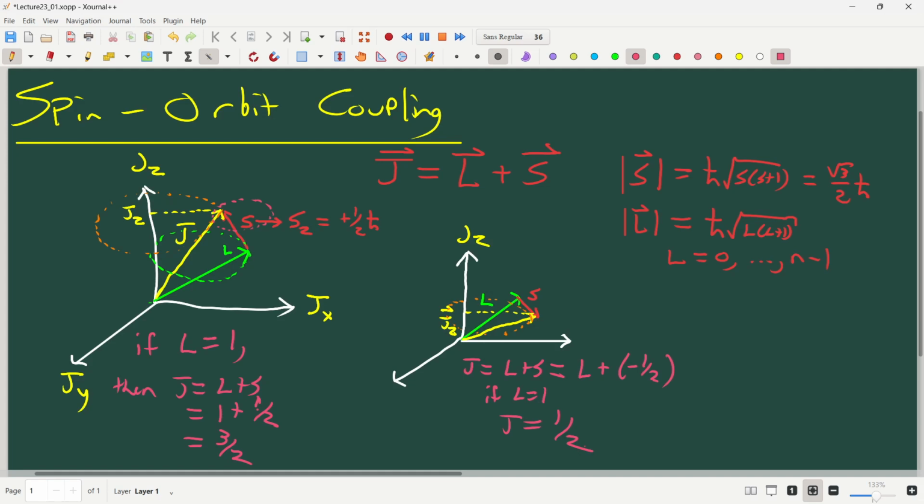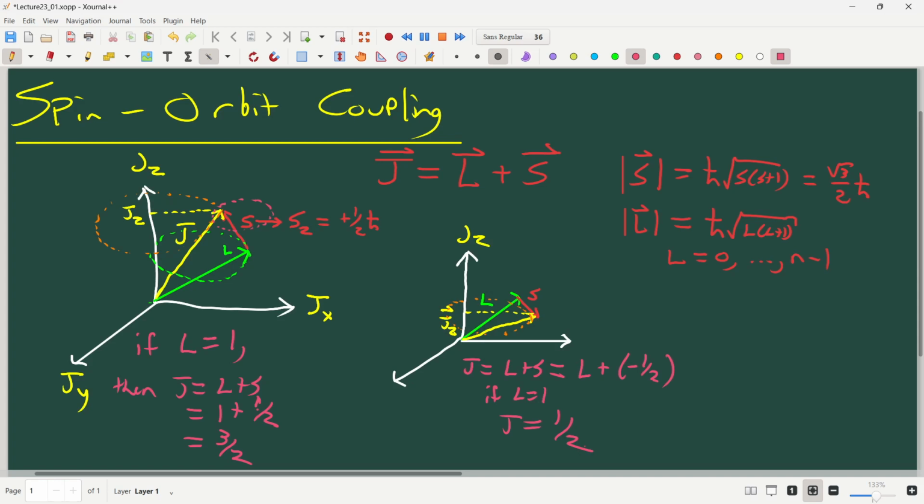Because what's happened here is, again, it's a bit like having a magnet. Say your L is your magnetic vector for your dipole of your magnet, and you put it in a magnetic field. This is what you do in NMR. Put it in a magnetic field, and there's going to be an orientation where the magnet is aligned with the magnetic field, which is stable and low energy, and then there's an opposite orientation where it's anti-aligned with the magnetic field, and you have higher energy.